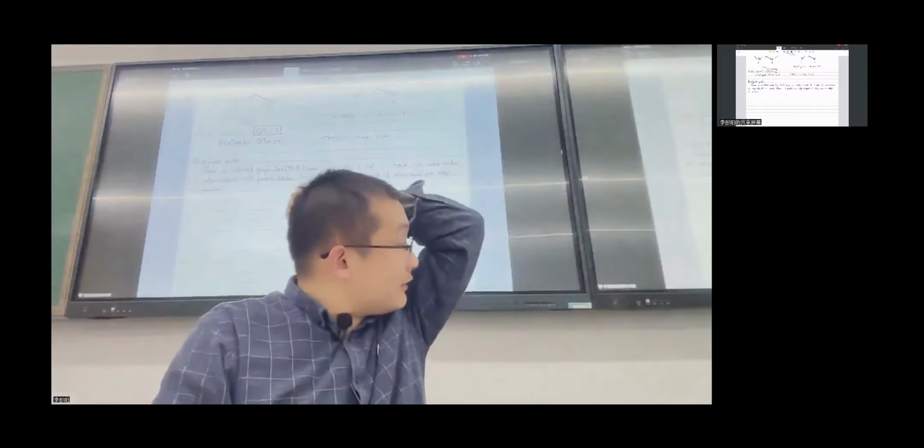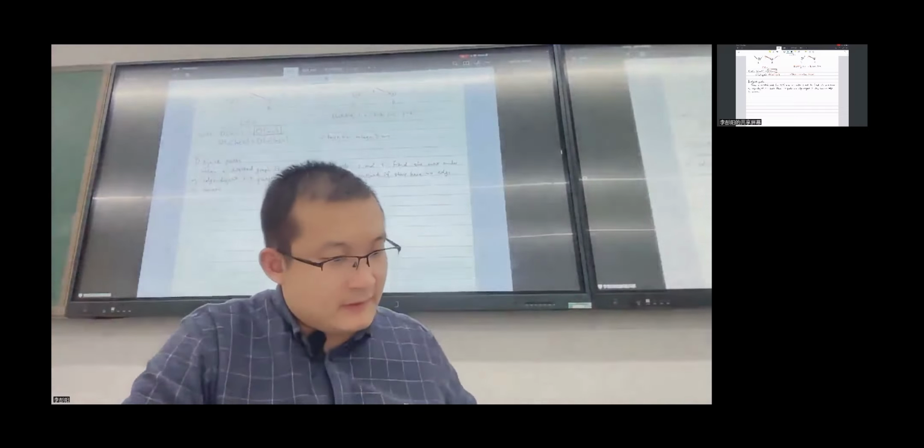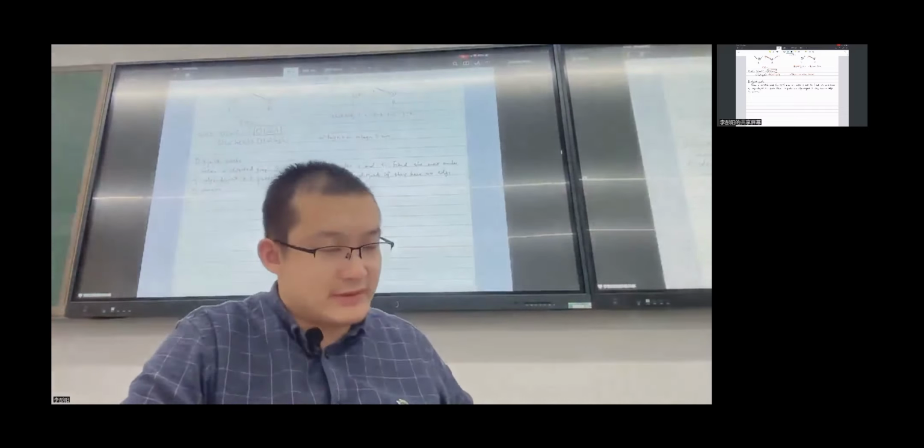So it is basically a problem where we want to consider the number of all the possible edge disjoint paths.